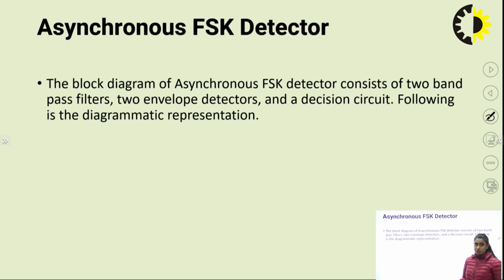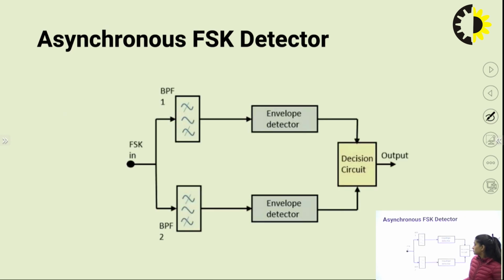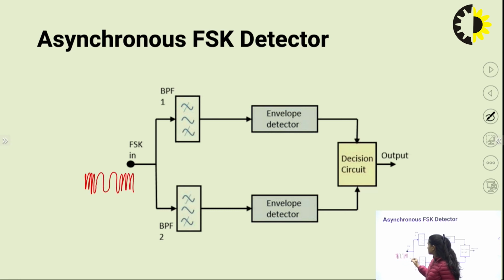Let's see. The asynchronous detector consists of two band pass filters, two envelope detectors, and a decision circuit. See, here I give this kind of input, which is FSK. It passes through two band pass filters.